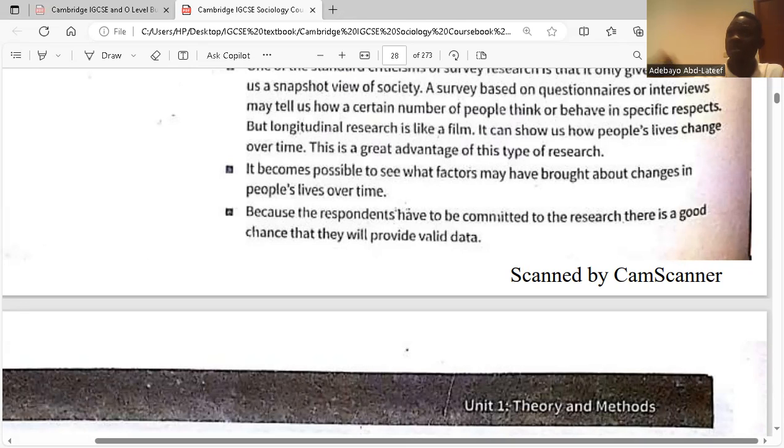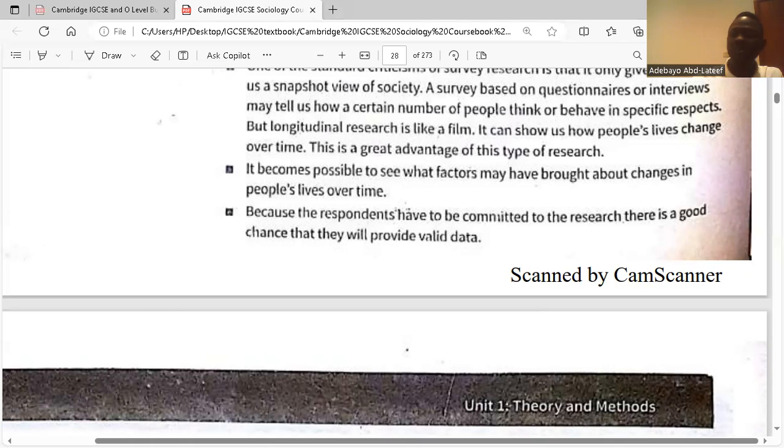Do you get the point? Because they wouldn't have said yes if they knew they could not be committed. It involves commitment from the researcher and commitment from the respondent. For you to participate in such research, you would have committed yourself to it, and that means you are willing to provide information that they would need. Do you get it?